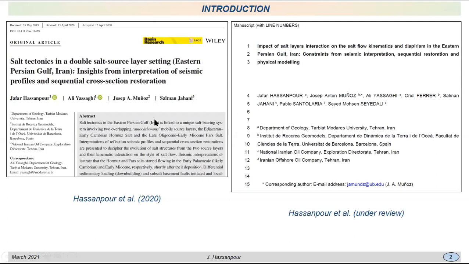So the first one at the left is a paper that was published recently in Basin Research, and the second one to the right is currently under review. The second one uses seismic interpretation, cross-section restoration plus physical modeling, while the one that has been published uses seismic data and cross-section restoration.